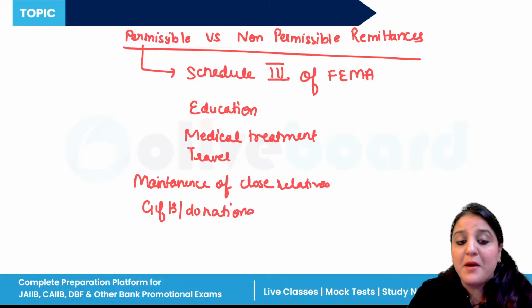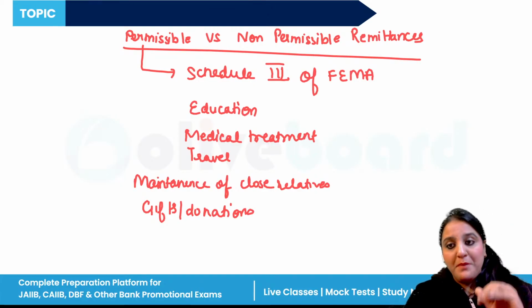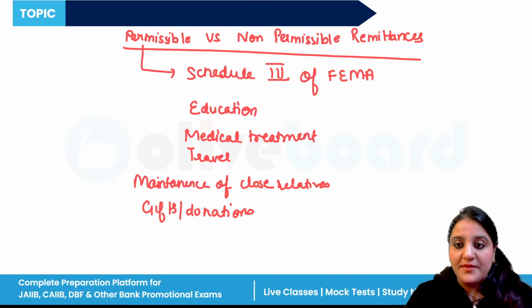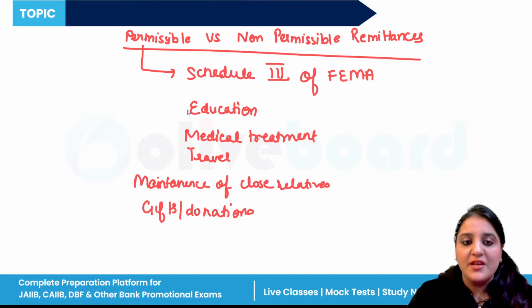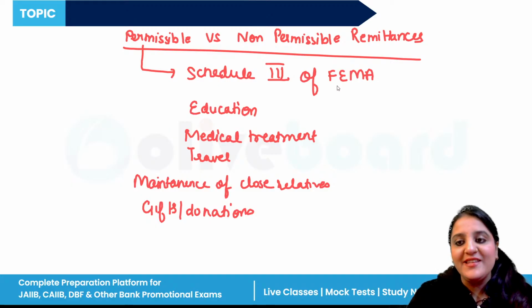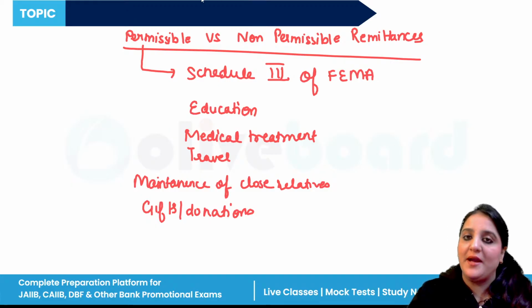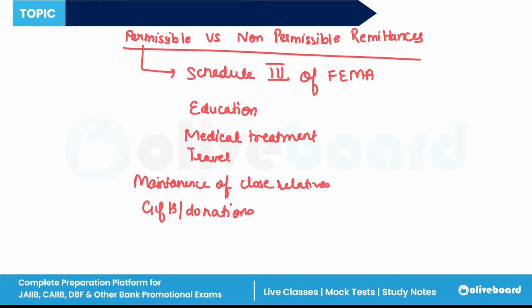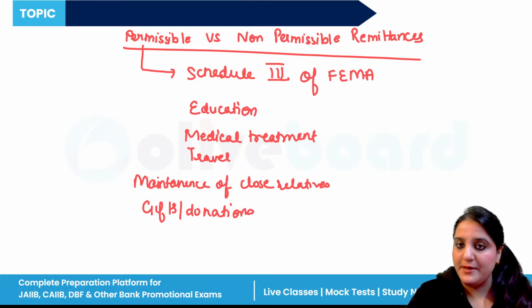These all are permissible remittances. Purchase of property abroad, investment in foreign shares, mutual funds, companies, and opening foreign bank accounts, these all are allowed. Mr. B remits US dollar 40,000 to buy an apartment in Dubai. That type of transaction is permissible. Got it?